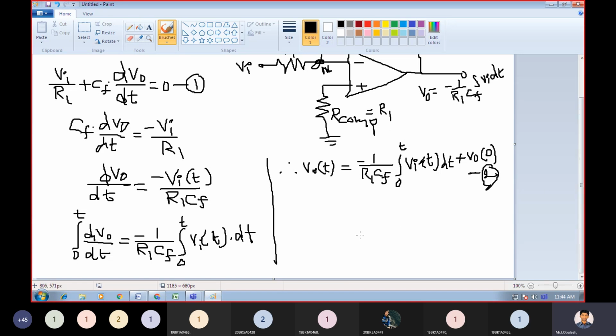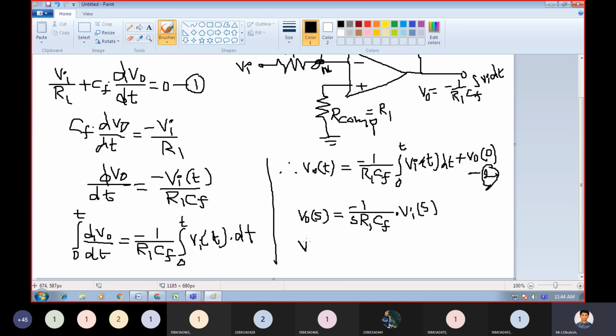The frequency response of an integrator: V naught of S is equal to minus 1 by S R1 CF into Vi of S. Put S equals j omega.